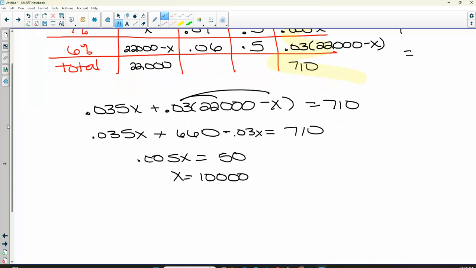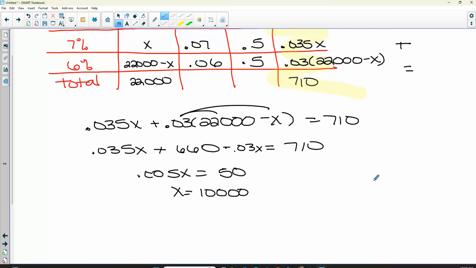So now we just answer with a sentence. So Bob invests, my X was my 7%, so $10,000 at 7%.